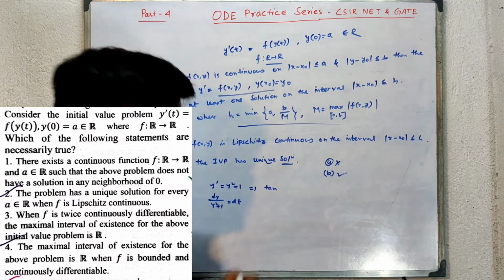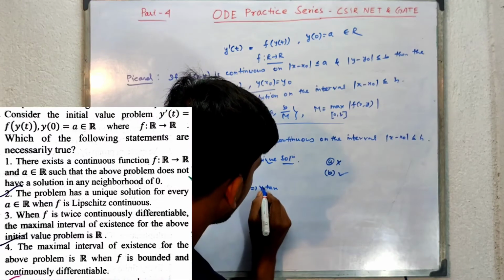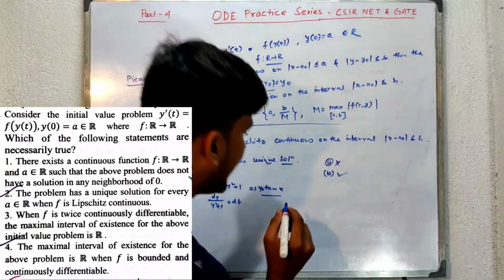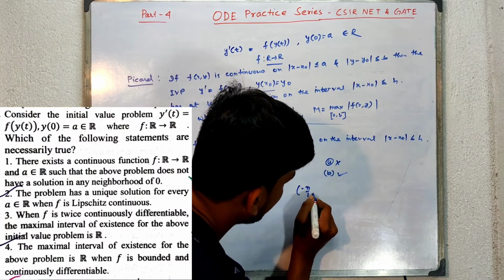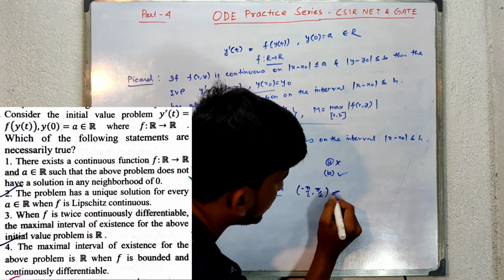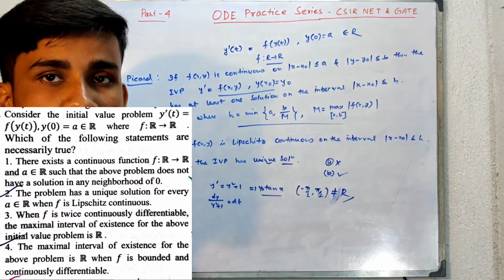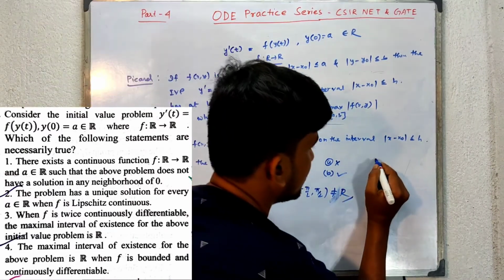If we integrate that, we get y = tan x as a solution. And we know that the maximal interval for tan x is minus pi/2 to pi/2, which is not R. That means option C is not correct.